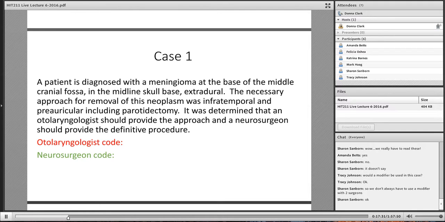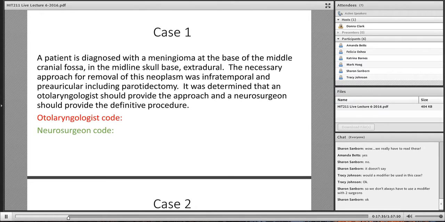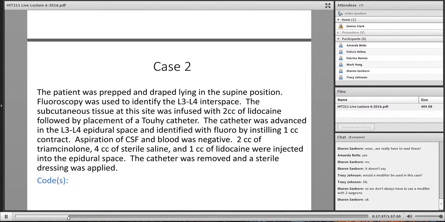All right, let's move on to case 2. I'm going to give you a minute to read it and just initial the box when you're done, and just move on to trying to code it, and we'll talk about it a little bit. Ooh, Amanda, you quit.